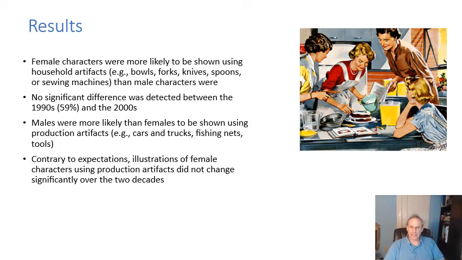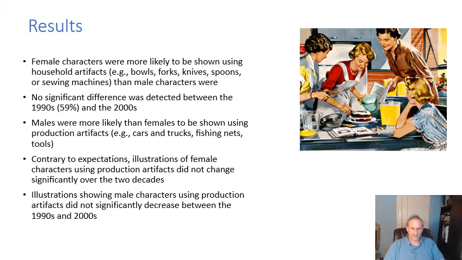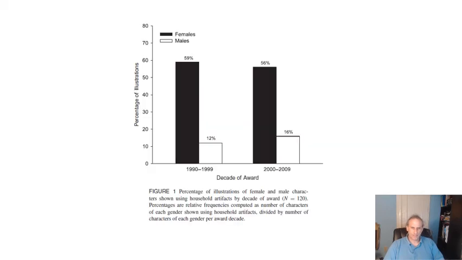And contrary to expectations, the illustrations of female characters using production artifacts did not change significantly over the 2 decades. The illustrations showing male characters using production artifacts did not significantly decrease between the 1990s and 2000s. This is the overall graphs, and you see some slight tiny changes, but within the margin of error. So this is remarkably consistent.